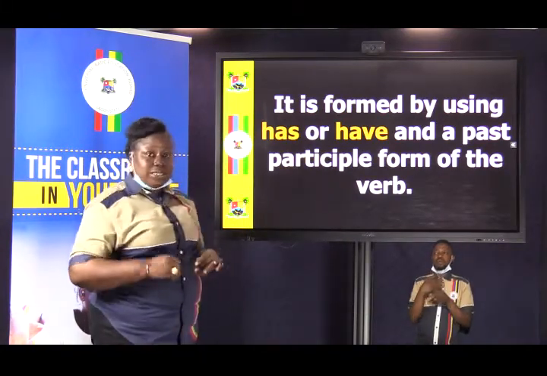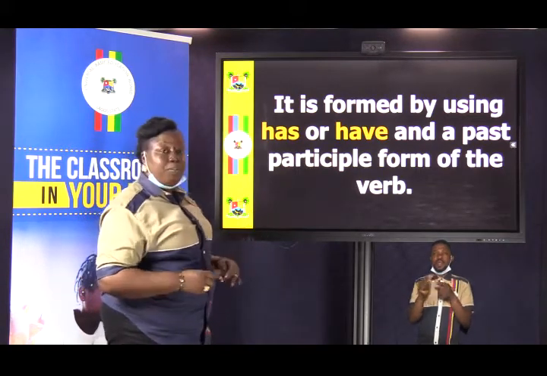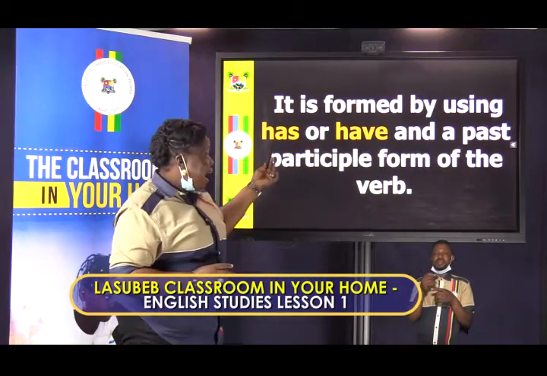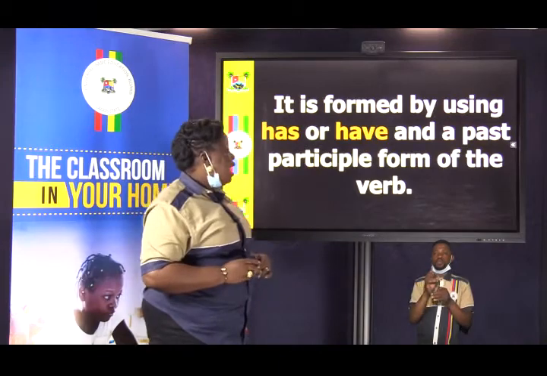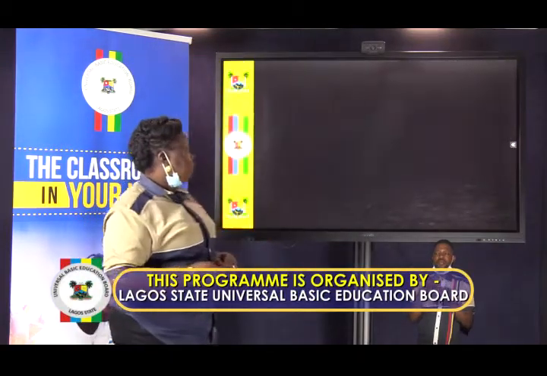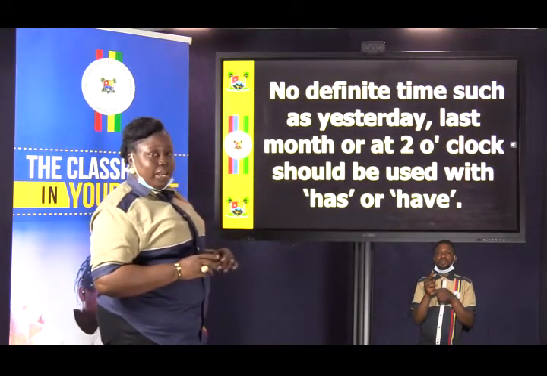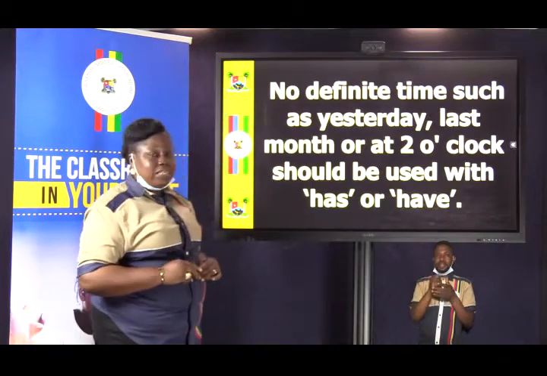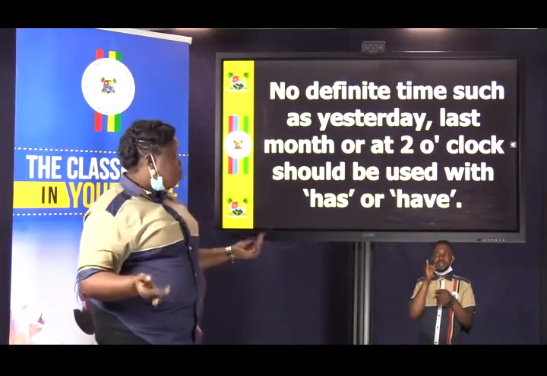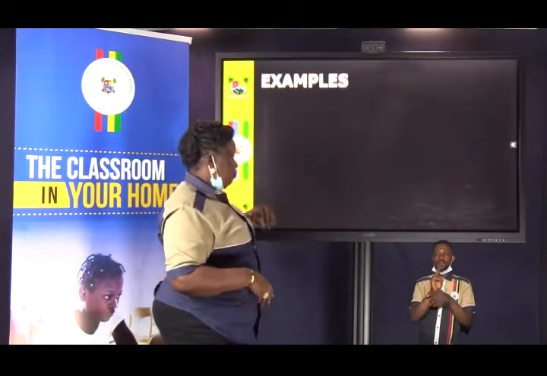Here is what I mean. Let me let you know that no definite time, such as yesterday, last month, at 2 o'clock, and so on, should be used with has or have.